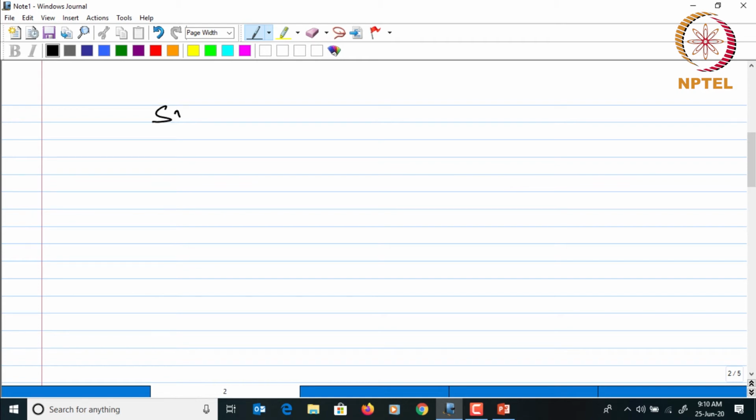Now this surface coverage theta is basically the fraction of occupied sites, as I said.